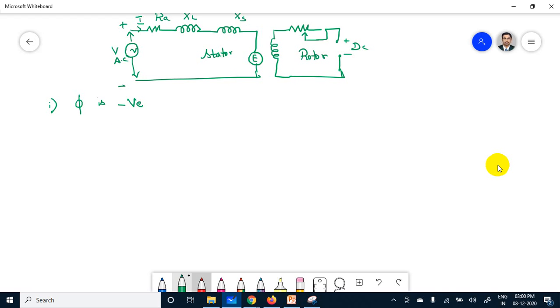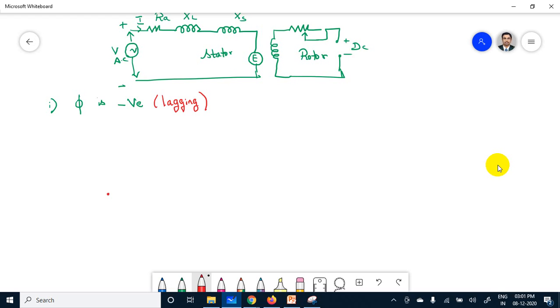The meaning of negative is lagging power factor. So how to draw this phasor diagram?